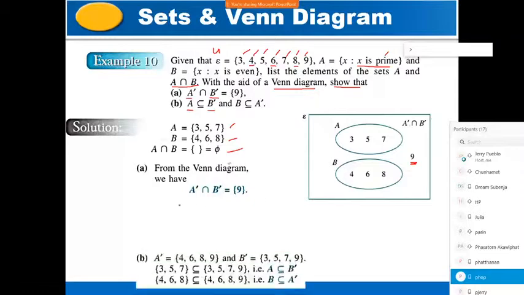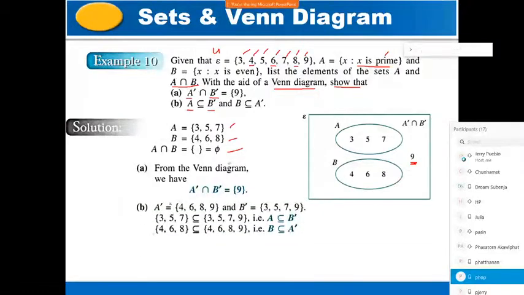Now, for letter B, for A to be a subset of B complement, we first find A complement, outside A. What is outside A? These are 4, 6, 8, and 9. We have 4, 6, 8, and 9 outside of A.